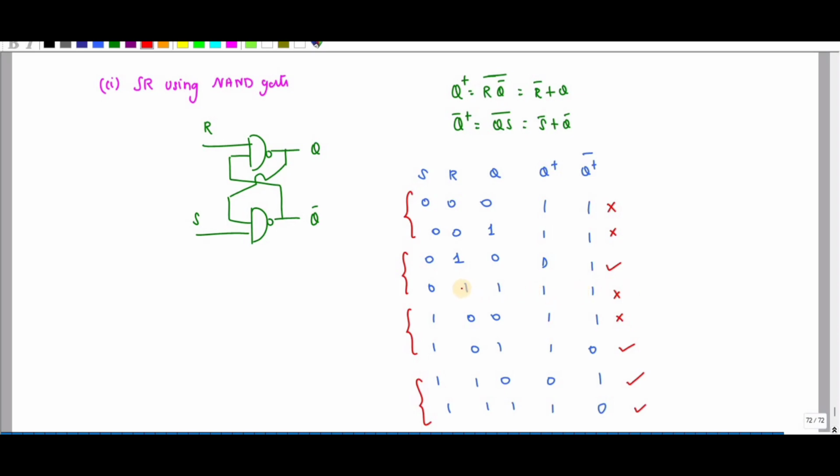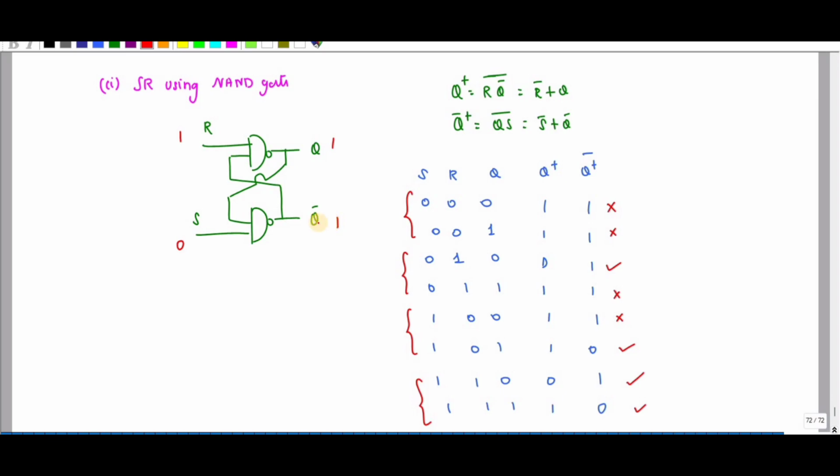If I give 0 and 1, the q and q plus value goes to 1 1.